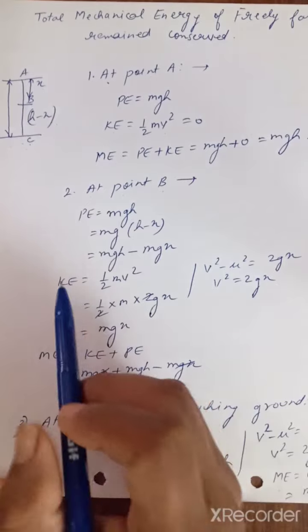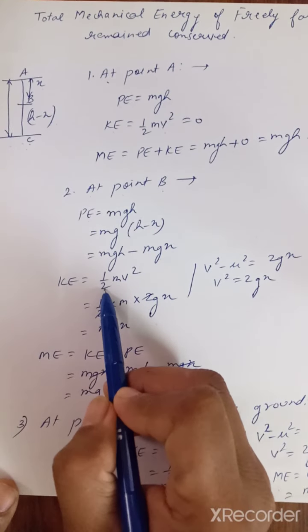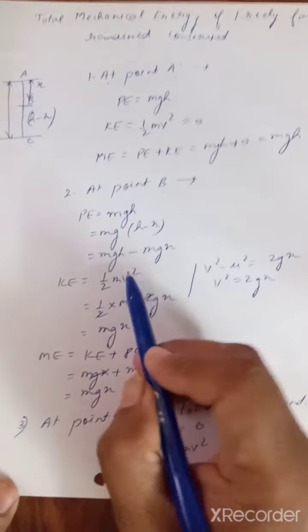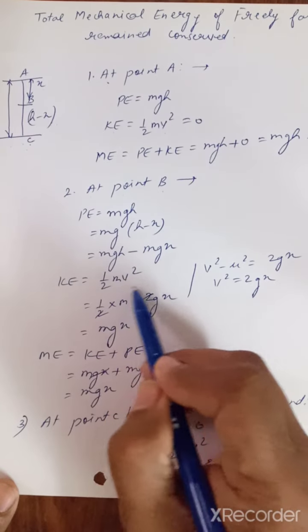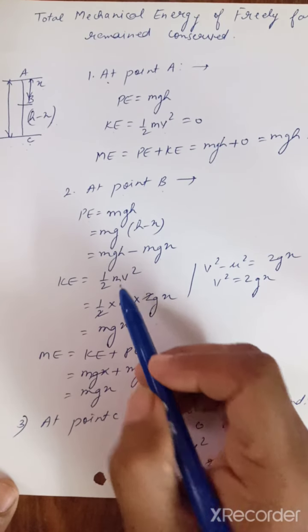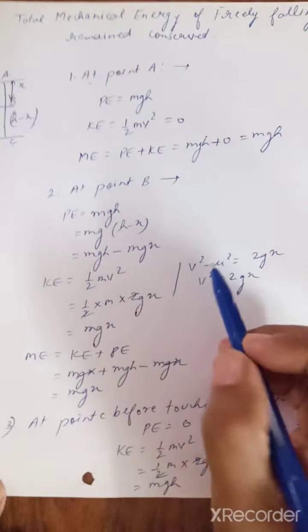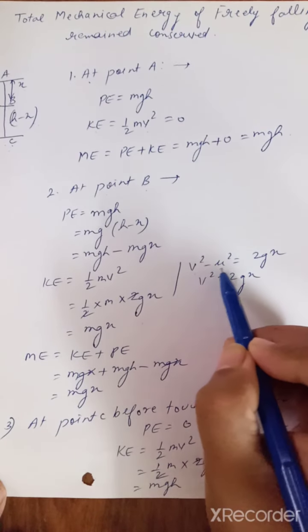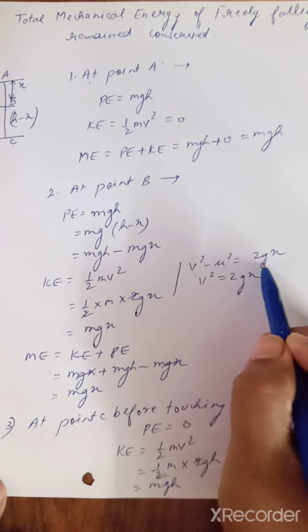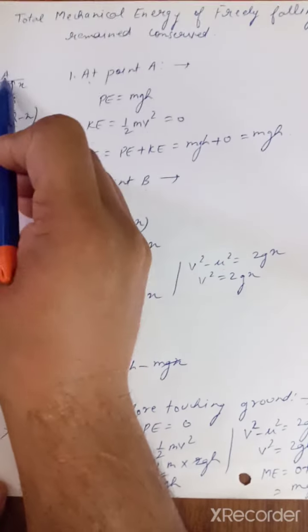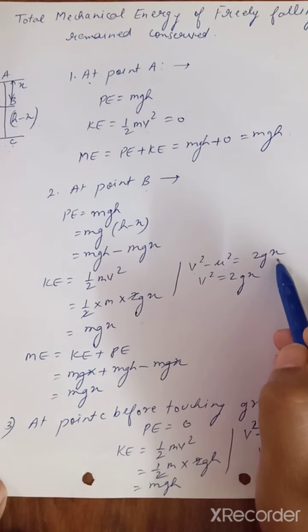Now for the kinetic energy we use the formula half mv square. Here we will substitute the value of v square by the third equation. Now if you see the third equation, v square minus u square equals 2g, and the distance moved is x, so we write x.